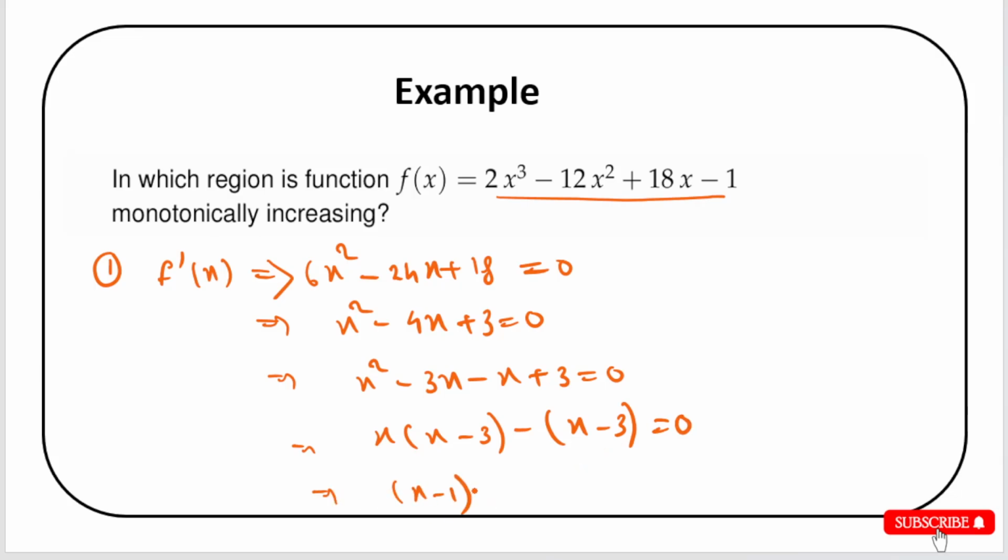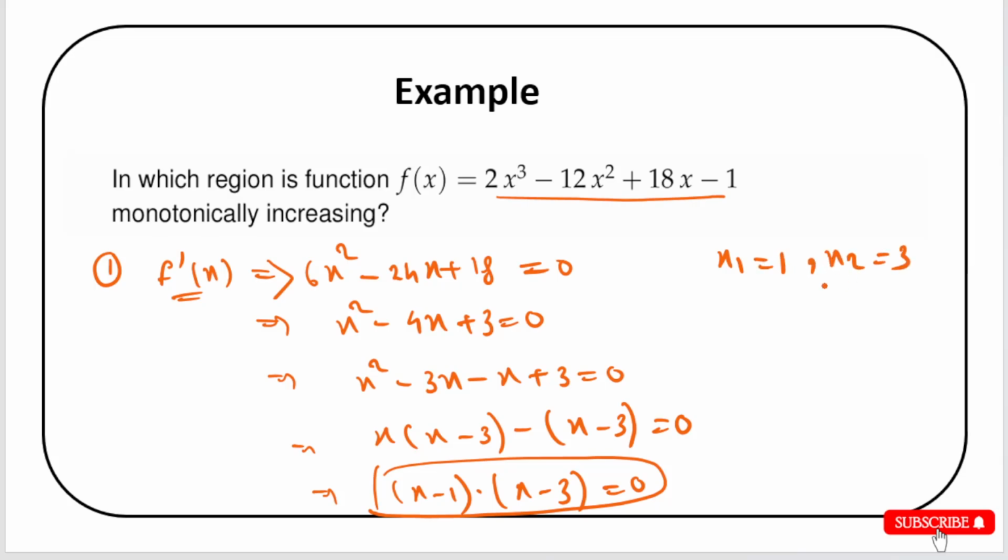So x minus 1 into x minus 3 is 0. So from here what you see is that this slope gets 0 at two different points. First point is x1 equals 1 and the second point is 3, right? So 1 and 3, the value is 0.